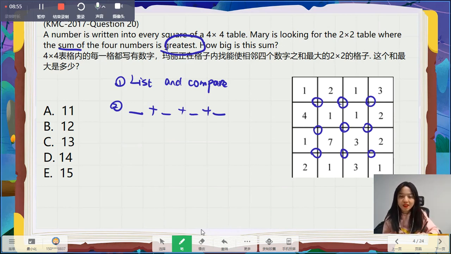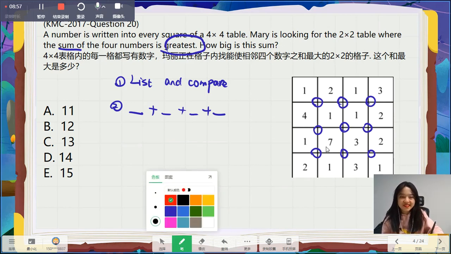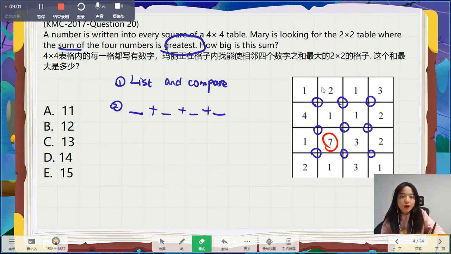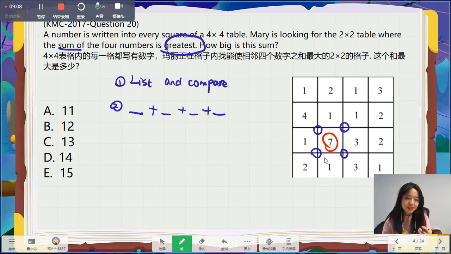What's that? Have you noticed it? It should be our 7. And let's see, when we have 7, how many different choices can we have? The 4 points for this square, it is in where it is. So we got 4 different ways to add the sum.